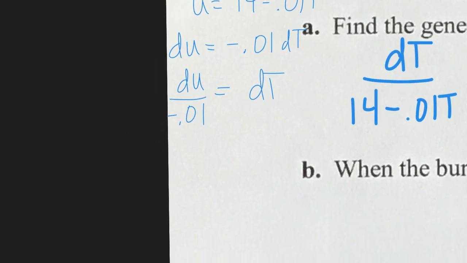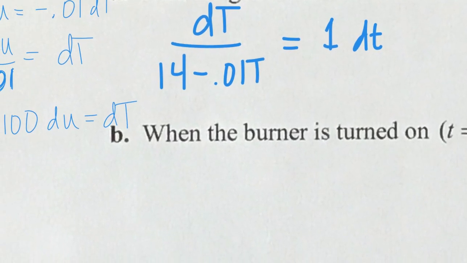And if we have negative 0.01 in a denominator, that's 1/100th. So that's negative 100 du equals dt. So I took my decimal fraction and changed it into its reciprocal. So 1 over 100 in a denominator is now 100.